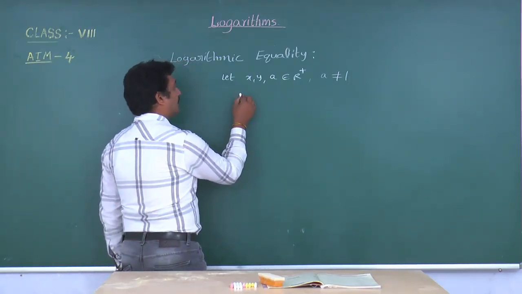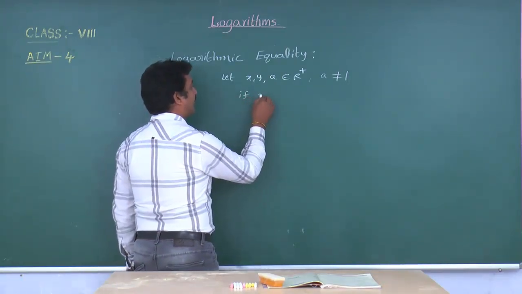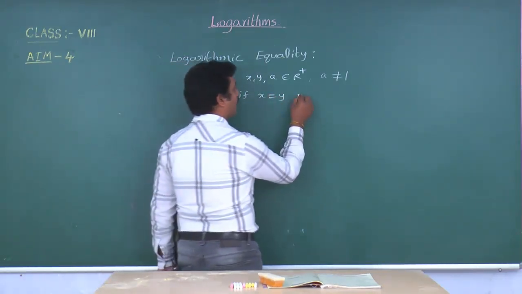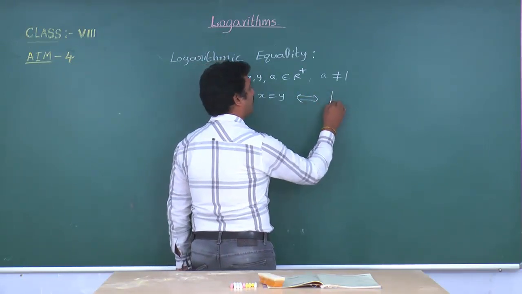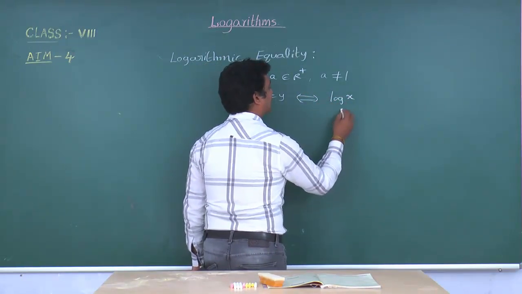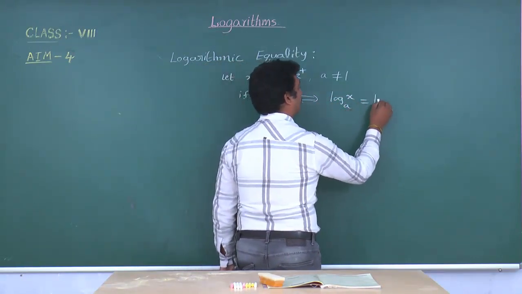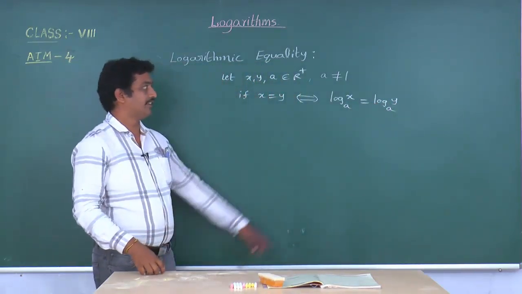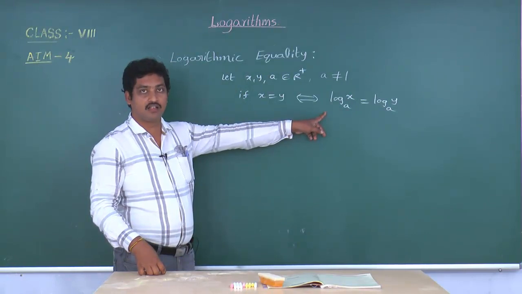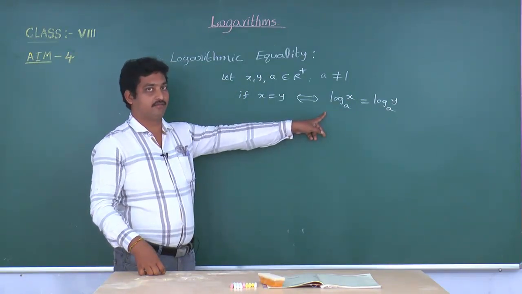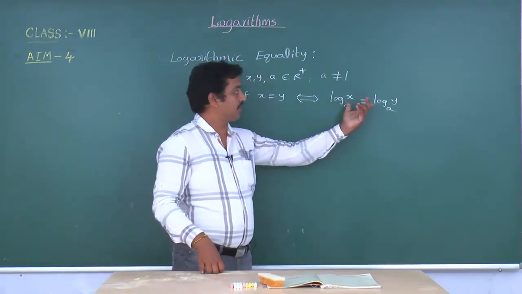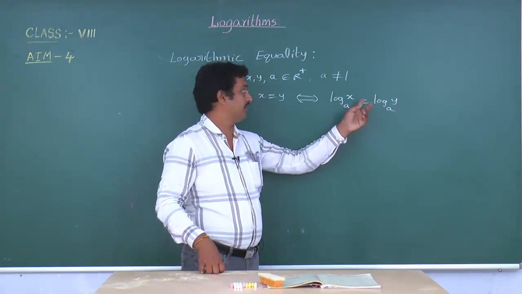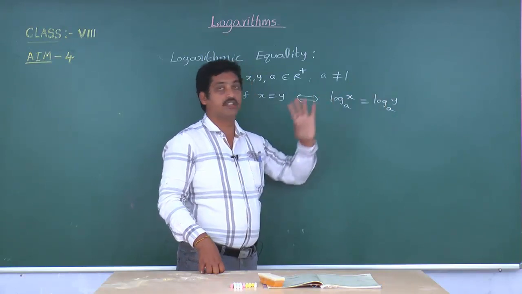Now, x is equal to y if and only if log x to the base a is equal to log y to the base a. This is known as logarithmic equality. Whenever two logarithmic numbers are equal with the same base, then the numbers are also equal.